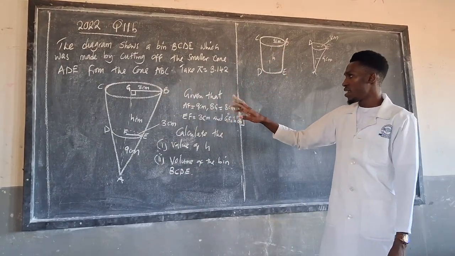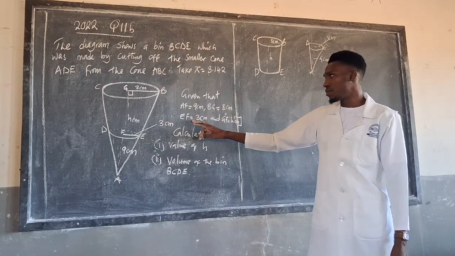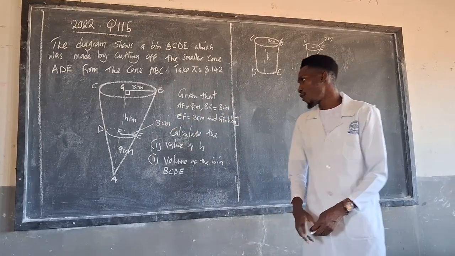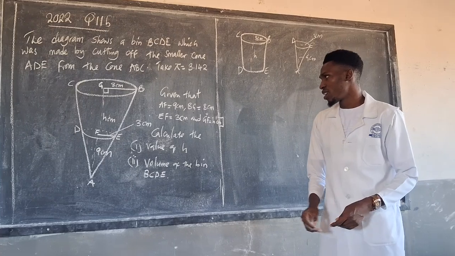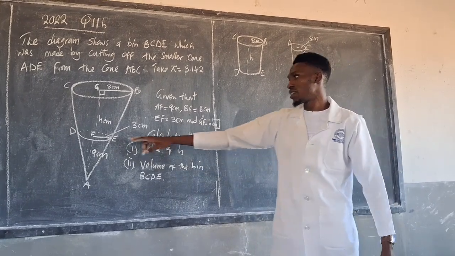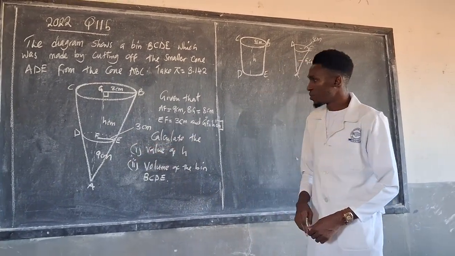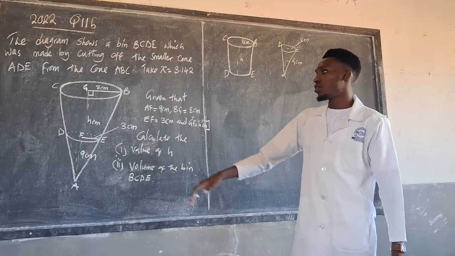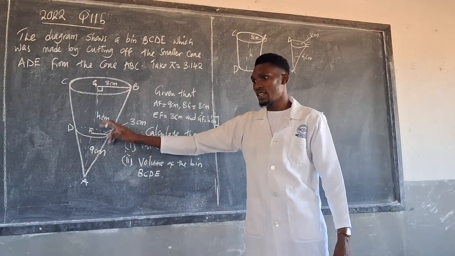And then we have 3 centimeters as the radius for the small cone. But for the height of the bigger cone, we are not given. We add 9 plus H.